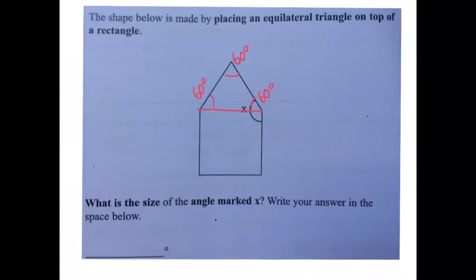In my rectangle, they're all right angles. And each of my right angles is 90 degrees. So my final step then is just simply to add 60 and 90, giving me the size of that angle X, which is 150 degrees.